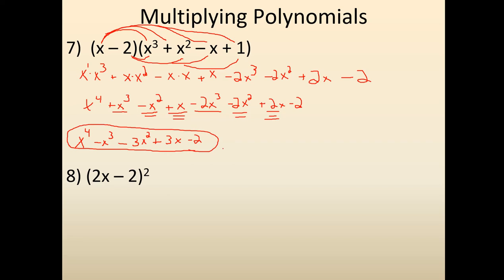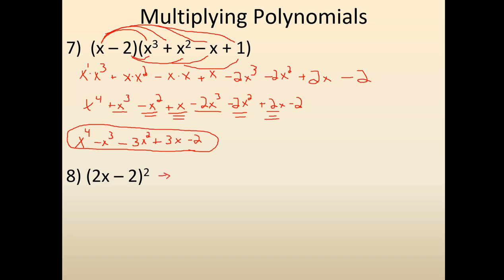Now, number 8, the best. This time you're not going to do what we learned with the exponents where we had them distribute. The distributing of the exponent only works when we have only monomials. If we have a binomial, it doesn't work.